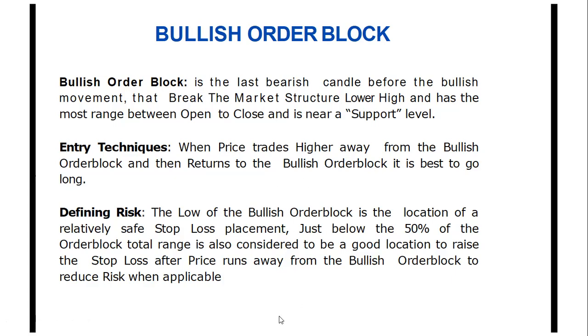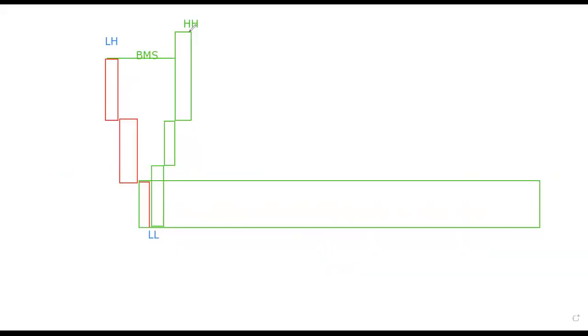To go long. So from our charts, now if the price returns back to this order block here, we'll be looking to place buy orders. We'll be looking to buy here, so we'll be buying at this order block. And our stop loss will be placed just below the low of the order block.